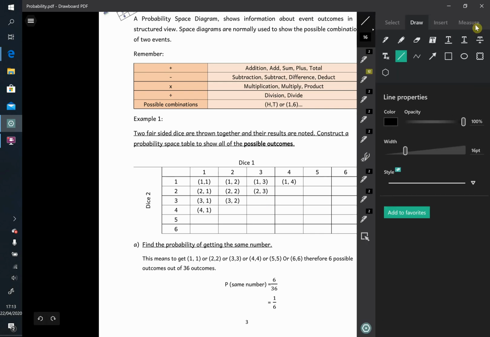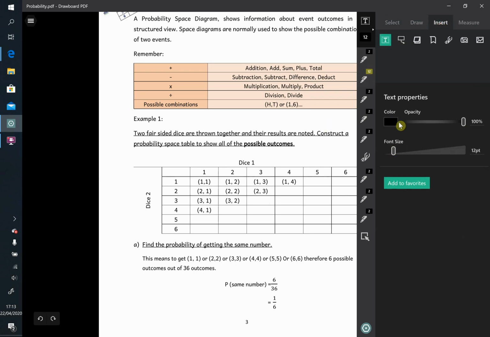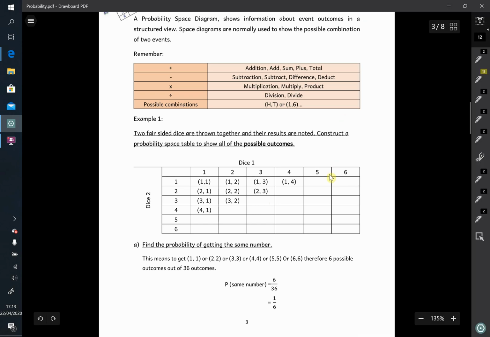So if I have to start filling in, I need to insert a text box. I've got the color, that's sorted. So if I start filling in over here, what do you think? If I look at it from the point of view of a row, I've got the row of 1, so bracket 1, comma, but in the column of 5.